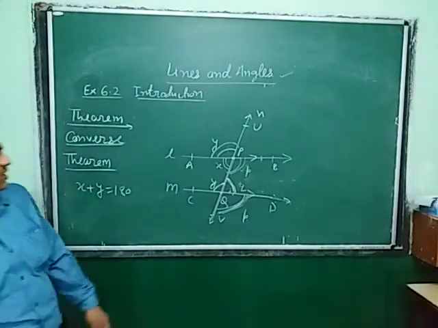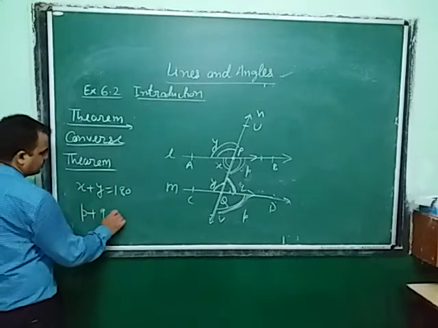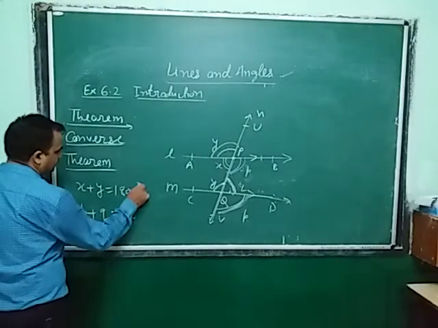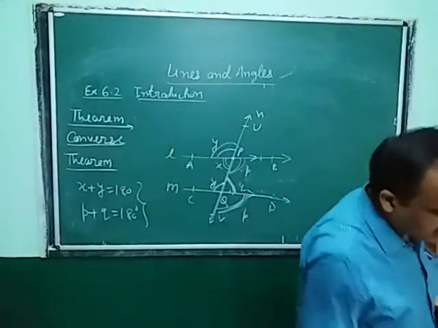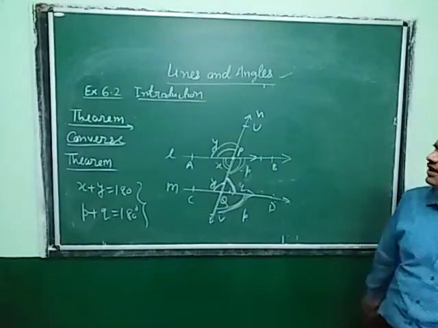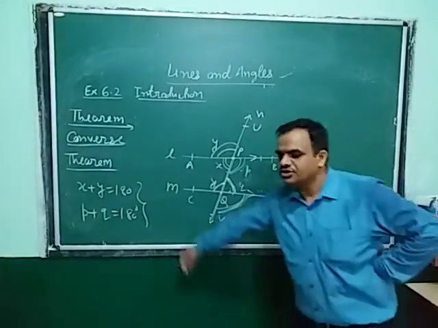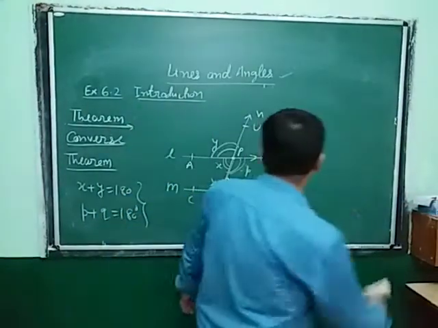Then the sum will be 180 degrees. Easily you can write P plus Q equals 180 degrees. So it is very important that you prove it. One theorem I have proved, but you should try to prove these other theorems because they are very easy.